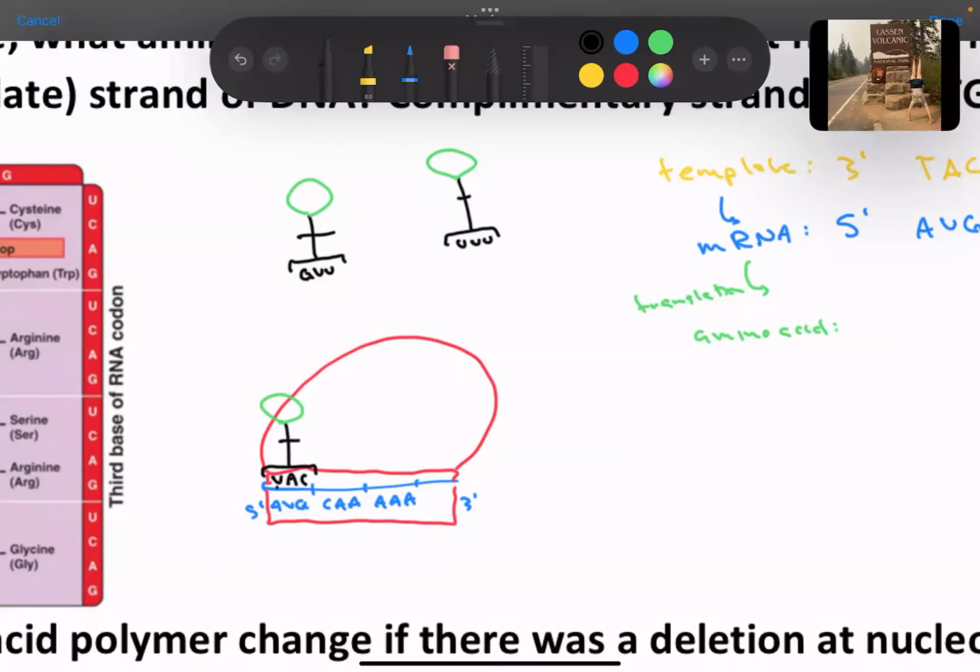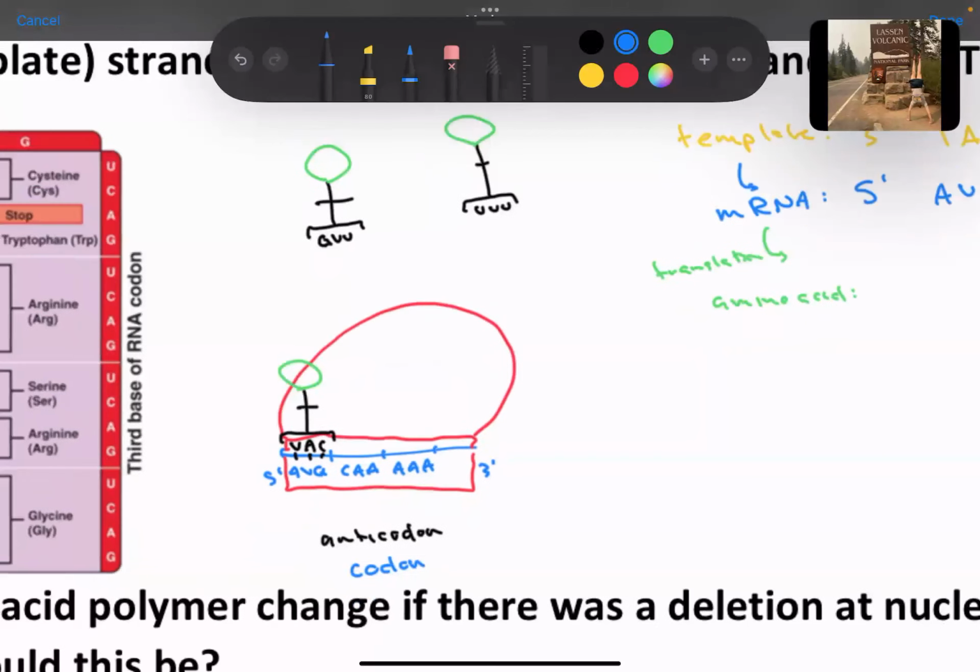And the anticodon is complementary to the codon, because we have our codon in blue, and we're going to have the anticodon in black. And if our codon was 5' to 3', our anticodon is antiparallel, so we're going to have that 3' to 5'.